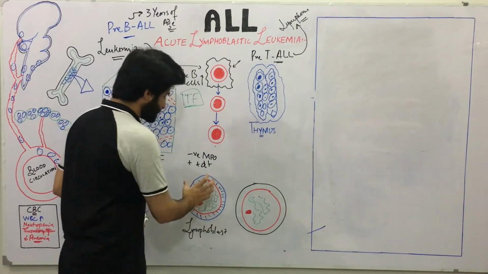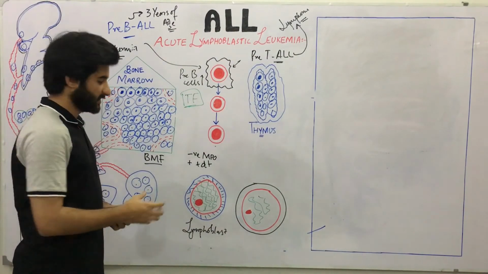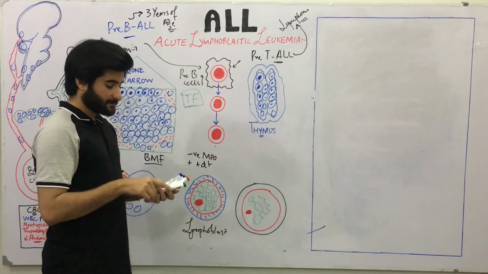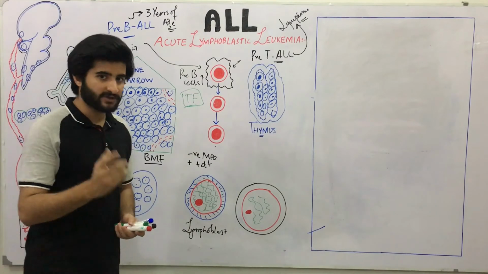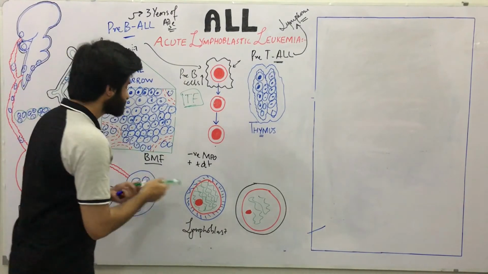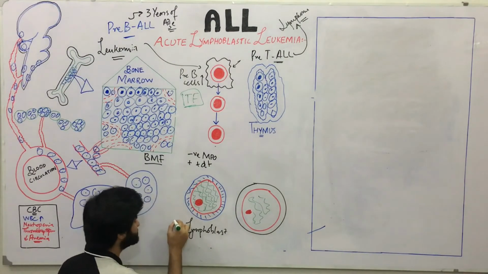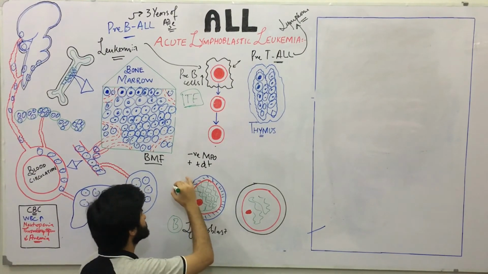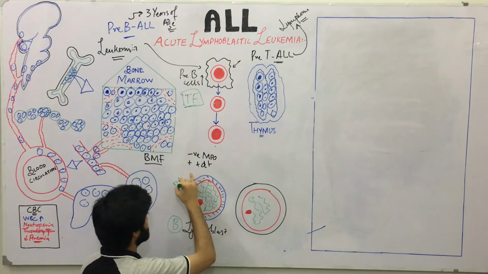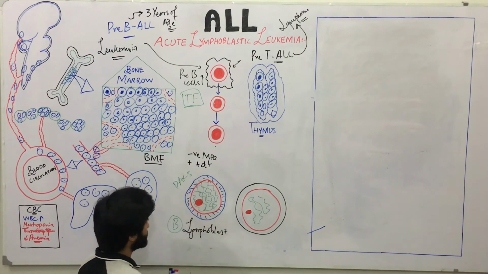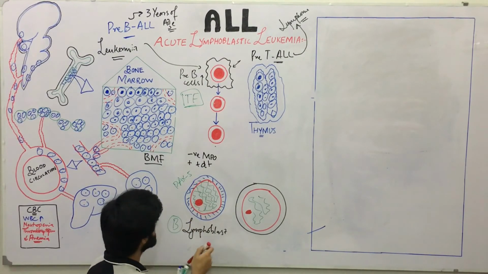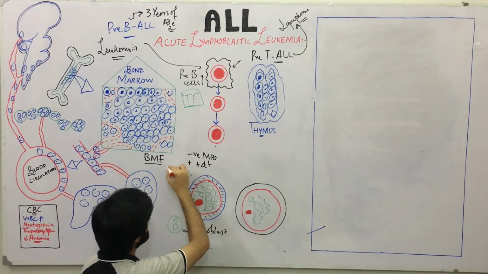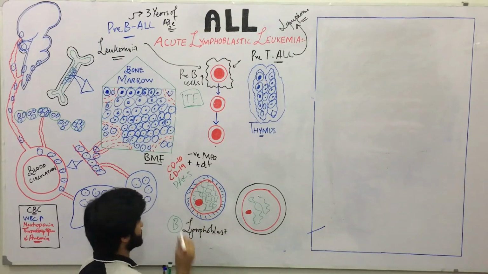The precursor B cell lymphoblast will have precursor B cell markers. And what are those markers? This pre-B lymphoblast will have PAX5, CD19 and CD10.